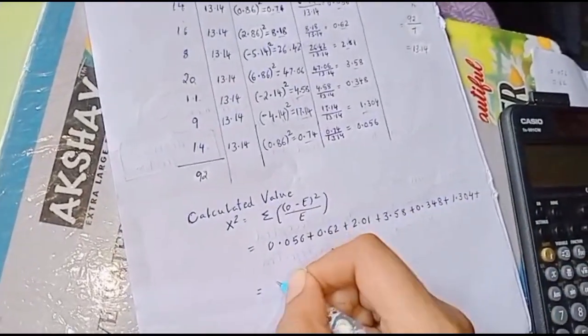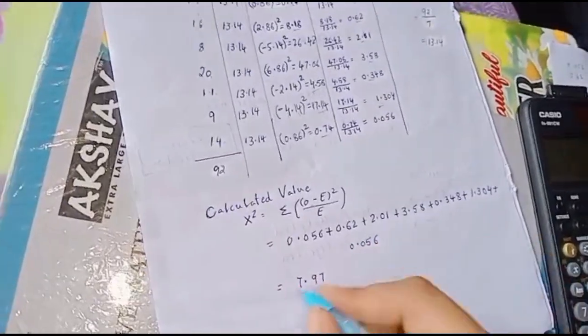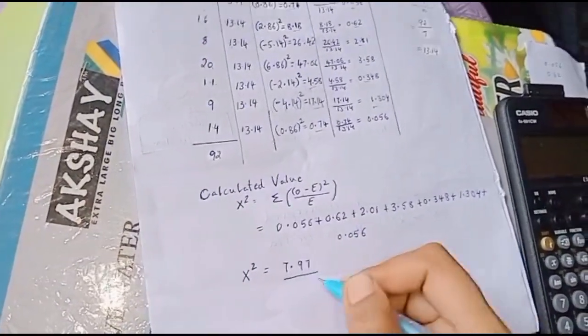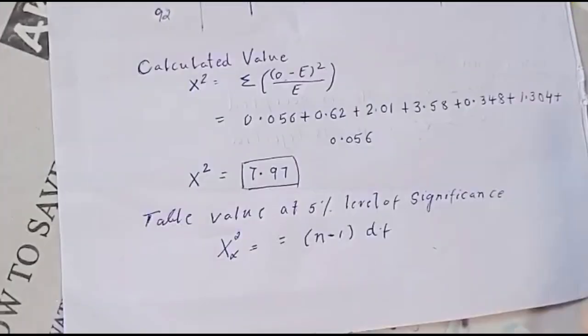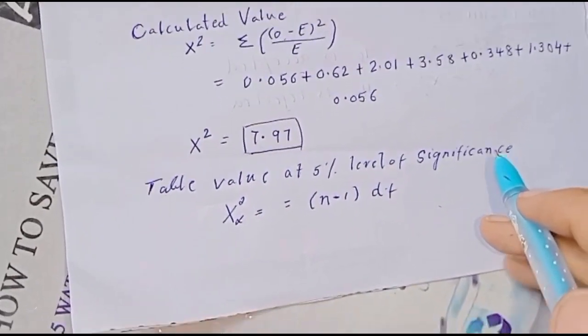We get 7.97. The x square value is 7.97.